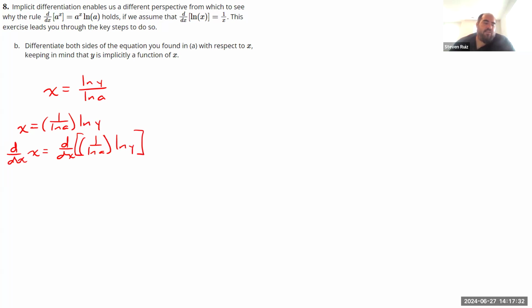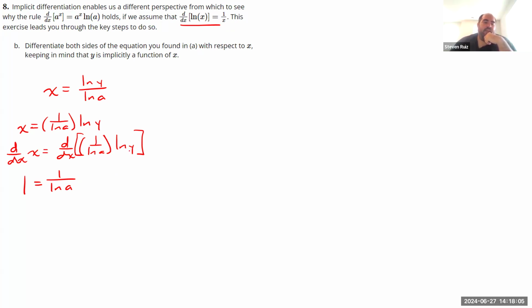My next step is to differentiate both sides of this equation with respect to x. What's the derivative of x with respect to x? That is, by the power rule, 1. I have a multiplied constant, so I'm just going to carry that constant with me. Now, what is the derivative of the natural log of y with respect to x? We have to use the chain rule here because this is an implicit differentiation application. We rely on the fact that the derivative of natural log of x is 1 over x, so we handle the derivative of natural log of y in layers.